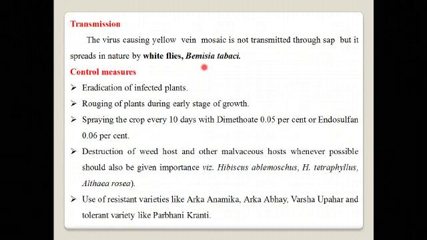So you can properly control this virus seen in bhendi crops. Okay, so this is the brief information about the yellow vein mosaic disease seen in bhendi crops. Okay, thank you.